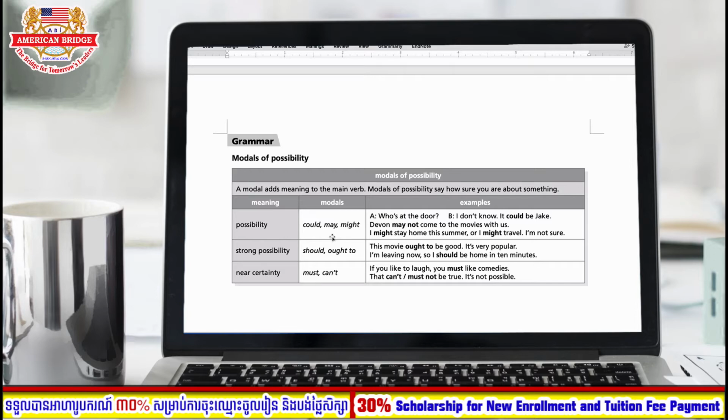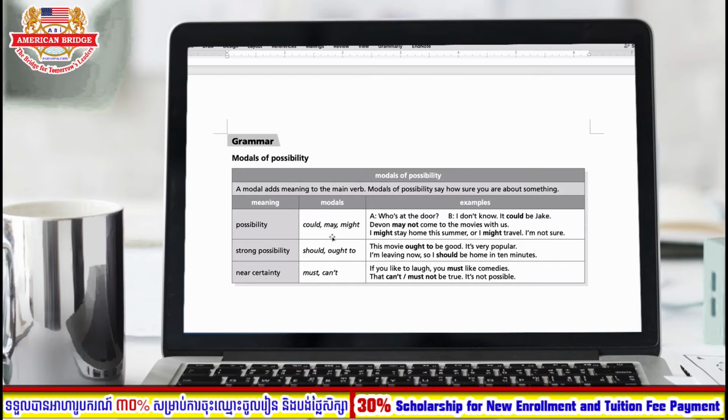And the near certainty, where you use the words must and can't, should be 95 to 98% true. So let's look at the examples given. If in the sentence the chance of getting the correct assumption is only 50%, you are not really sure, but because of other factors that led you to think like that, you are not sure.